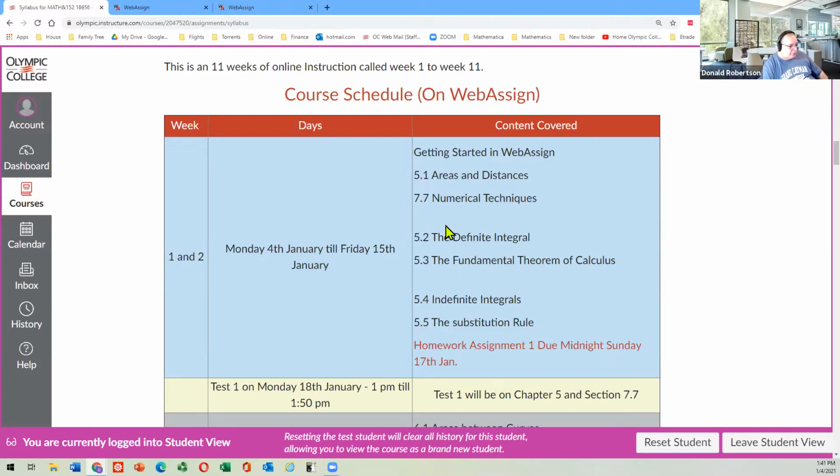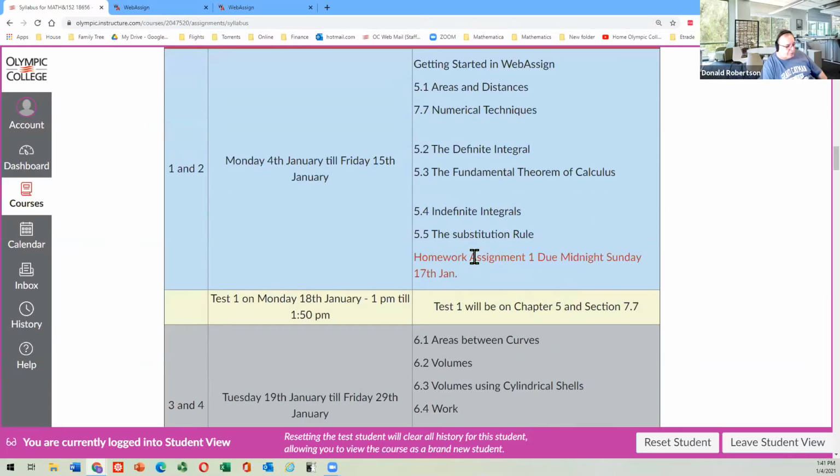And then pretty much that's the end of the number crunching. And we get into the good stuff, which is algebra, right? How do you find the exact area under a curve using antiderivatives, essentially? And we'll show you some of the basic techniques and our first trick. Homework for these 2 weeks is due on the Sunday of the 17th.